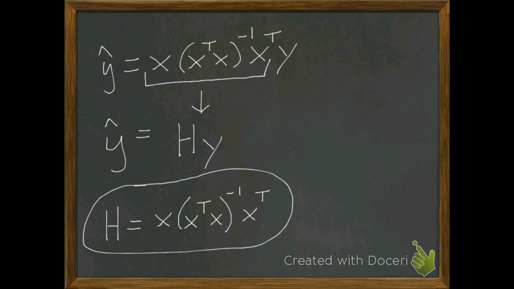And guys, it turns out that this is a very important matrix to us. This is actually going to turn out to be an n by n matrix. And what it ends up doing is it helps us find influential observations.